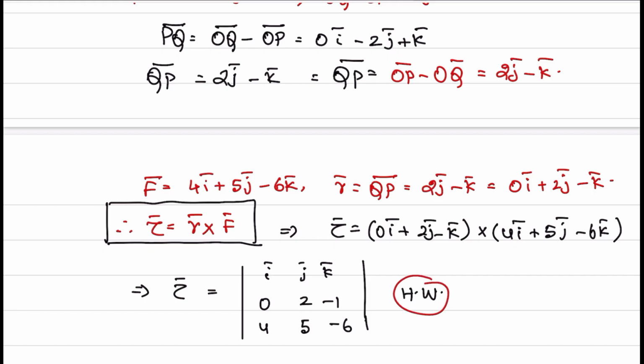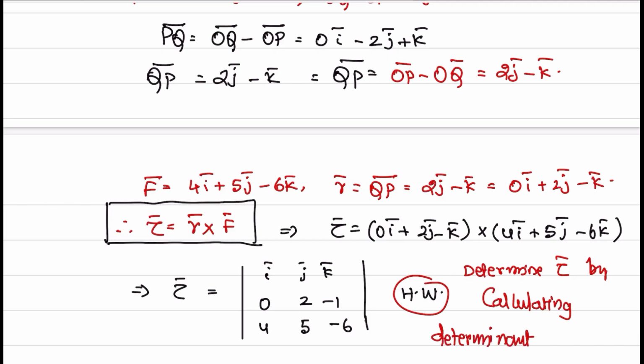Determine tau by calculating the determinant of the given matrix.